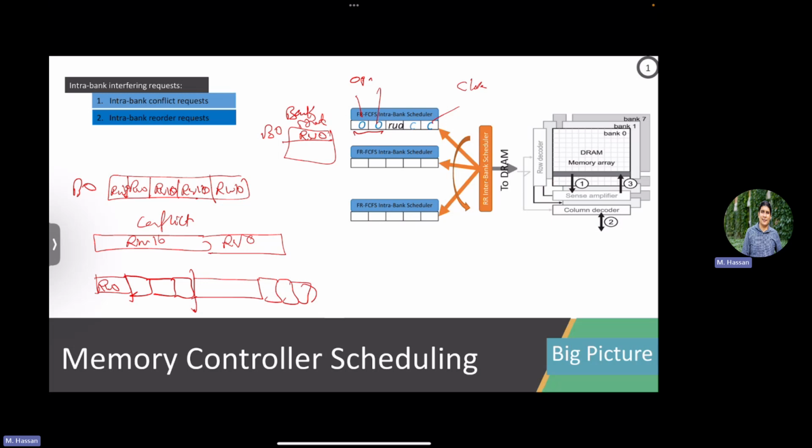Because row hits maximize performance, but it can keep some conflict requests delayed for too much or even starve them. Good. So that's why there is a cap on top of this. Is there any other question? But at least we see how performance can be boosted by deploying this reordering.